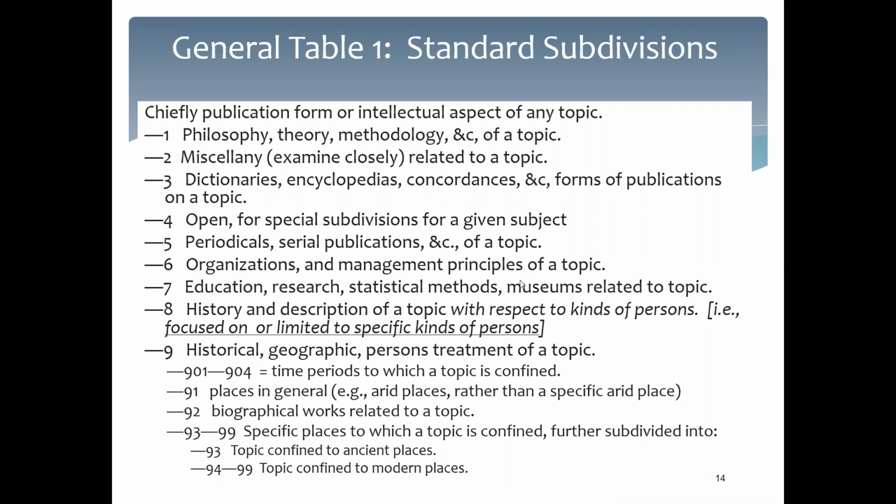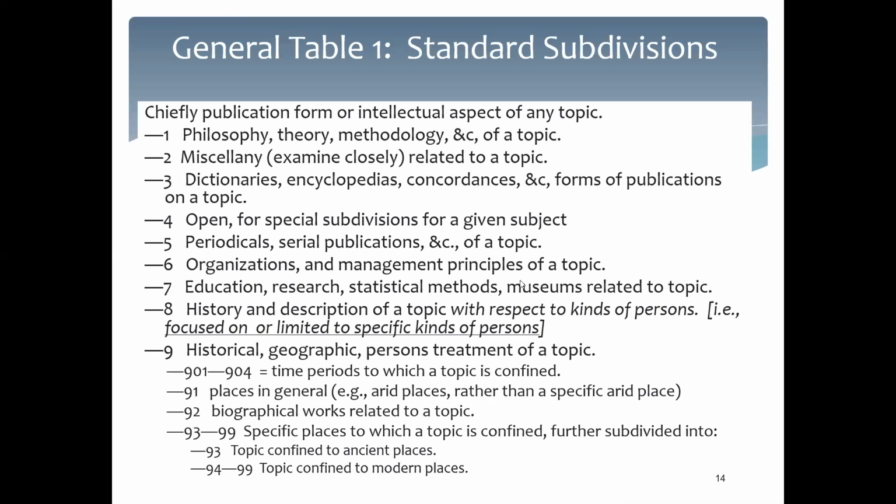So Table 1 is standard subdivisions, and this gets to a lot of what you see when you're looking at a record in OCLC and you have that topical subject heading there, so maybe you have something like cooking or whatever it may be, and then you have another subdivision that goes after it.